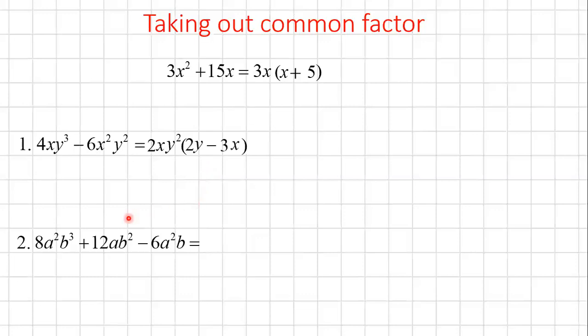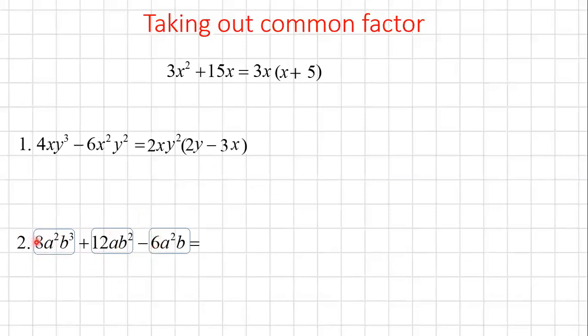Now let us look at an example where there are three terms: 8a squared b cubed plus 12ab squared minus 6a squared b. As you remember, we should find the greatest common factor firstly. Well, what's the greatest common factor? As you know, we should first look at the numbers. 8, 12, 6.